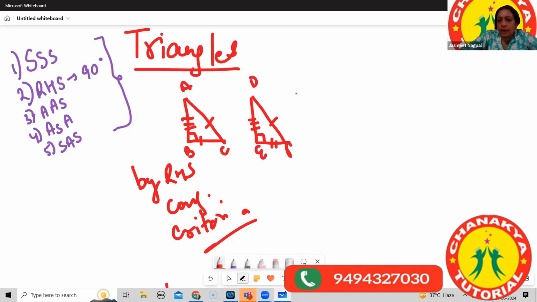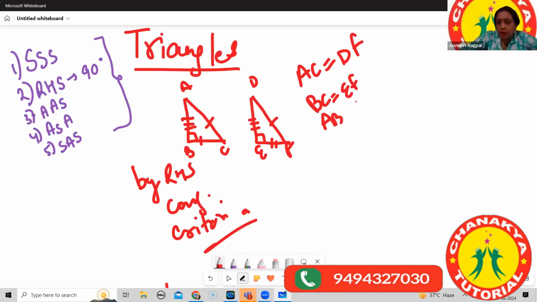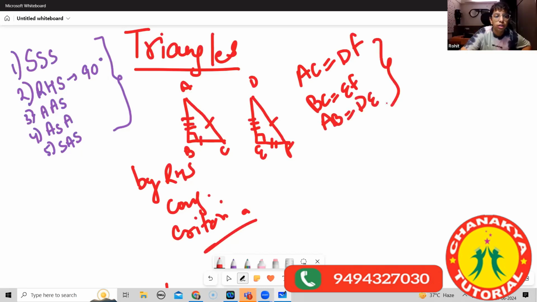You will write like this: AC, the hypotenuse, is equal to the hypotenuse, base is equal to base, and perpendicular is equal to perpendicular. But this is not SAS or ASA, because this is only applied for right angles, right? Yes.